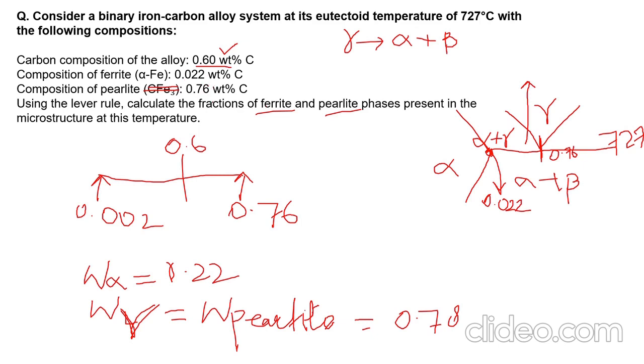But if it is not given and it is at another temperature, then in the case of the iron carbon diagram, you should at least remember the carbon points. You should know the eutectic percentage of carbon and the eutectoid percentage of carbon, to calculate such numericals.